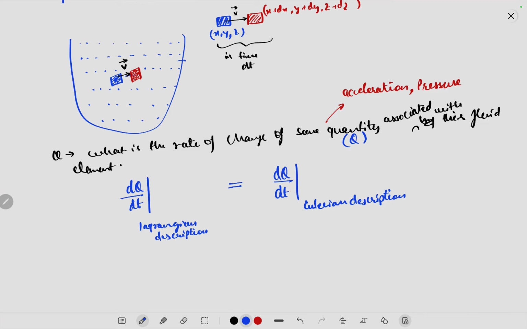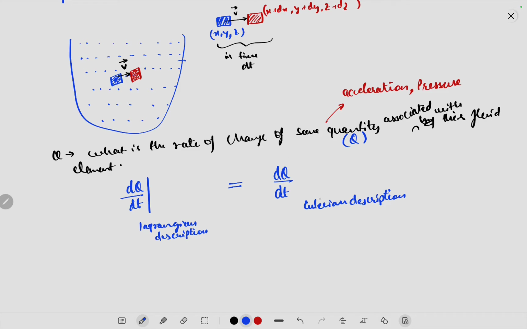Okay, but what is the difference? The difference is we have to fix the point at xyz at time t, then only this dq by dt will become equal to the rate of change of quantity in my Eulerian description.